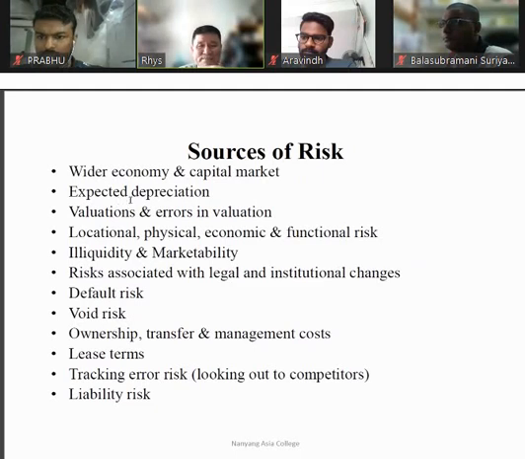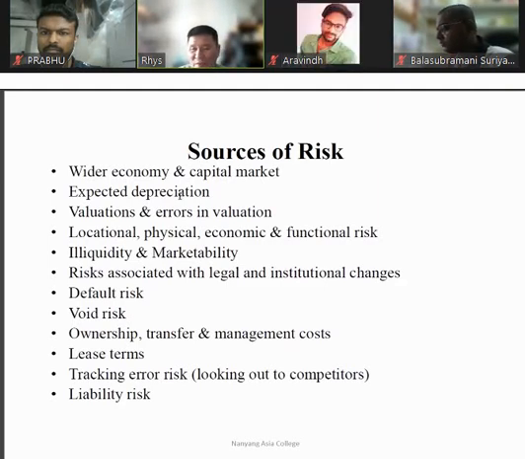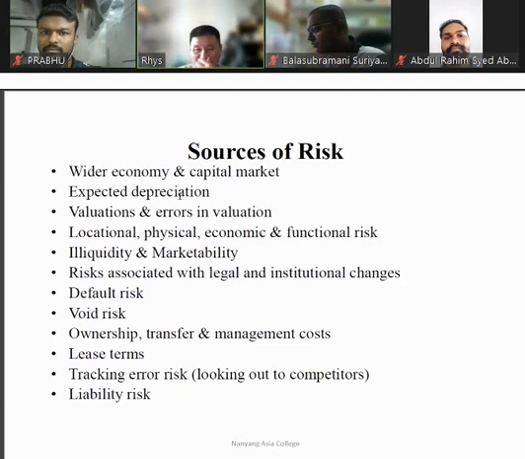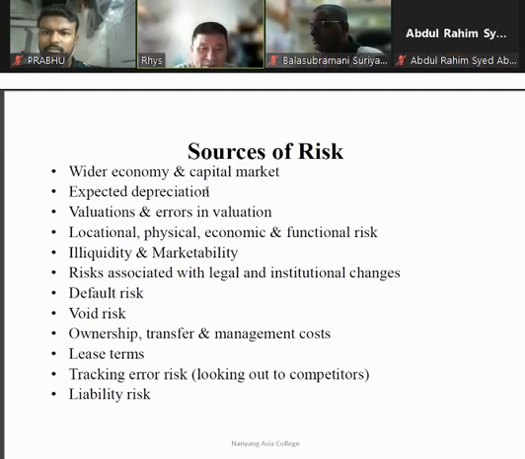Expected depreciation: today you buy for $1, tomorrow you will buy the same material for $1.20. Why? Because of inflation. That means the inflation rate has increased by 20%, so your purchasing power will drop to 80%. So this is very important.